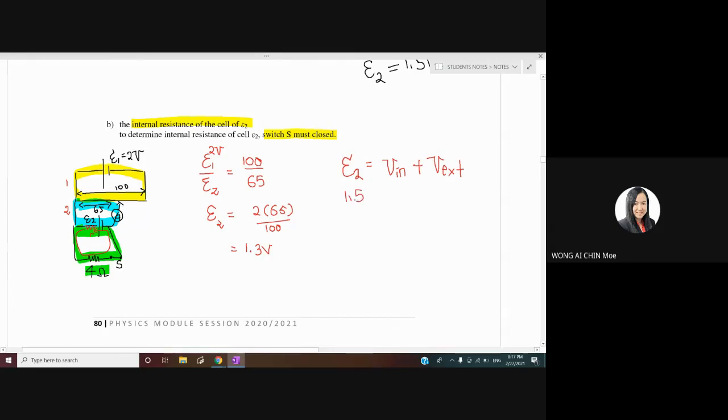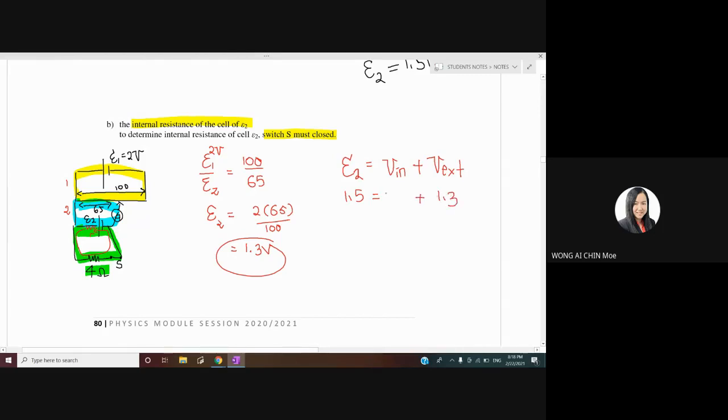Just now it was 1.5 when the switch S is open, because there's no current flowing through the internal resistor. So 1.5 is the total EMF. But after we close the switch S, there's a current flowing through the internal resistor, and what we measure is only 1.3. That is the external potential difference that we can measure.